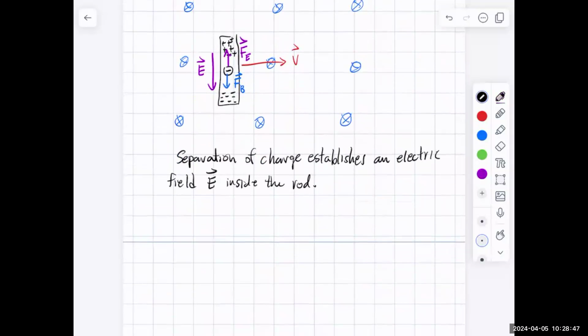So the electric force on the electrons opposes the magnetic force.